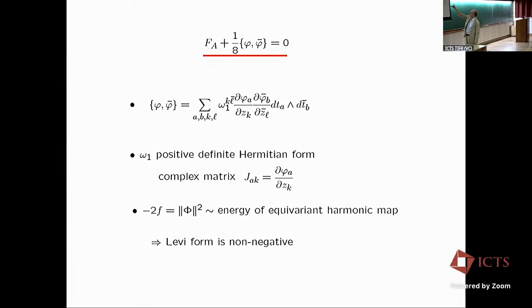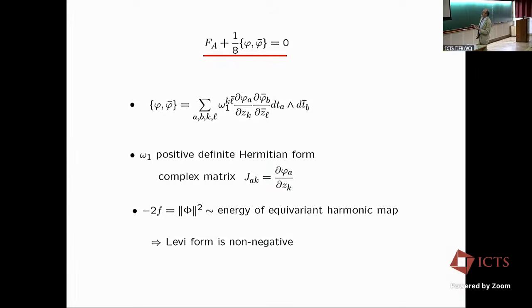We have this complex matrix here. And so this is basically a Hermitian form evaluated on a complex matrix, and it's on each side. So this is normal. Well, it depends on your sign, but this means, the usual convention, that the Levi form is actually non-negative. We have a positive definite Hermitian form applied to a matrix on each side.